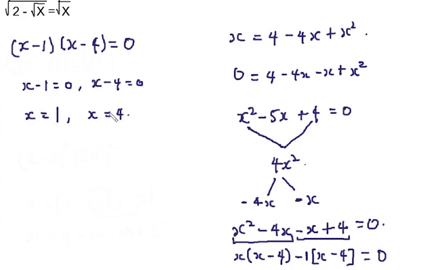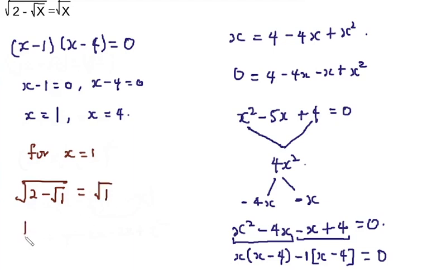But before we finish, we need to make sure that the answer is correct. So we need to plug the answers back into this equation to complete our final step of solving this radical equation. So for x equal to 1, we plug in 1 into this equation. So we have square root of 2 minus 1, and this is equal to square root of 1.